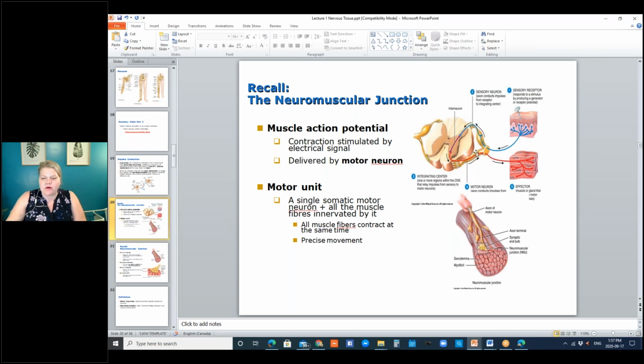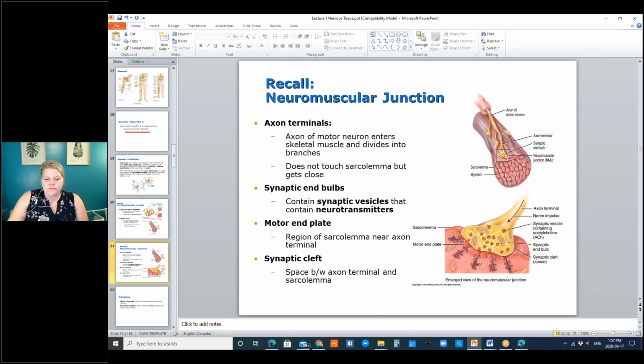But we're also going to talk about how axons communicate with each other, or neurons communicate with each other. We also had the example of the synapse, where the synaptic end bulb of a neuron connected, well, in very close proximity to the motor end plate of a muscle cell.